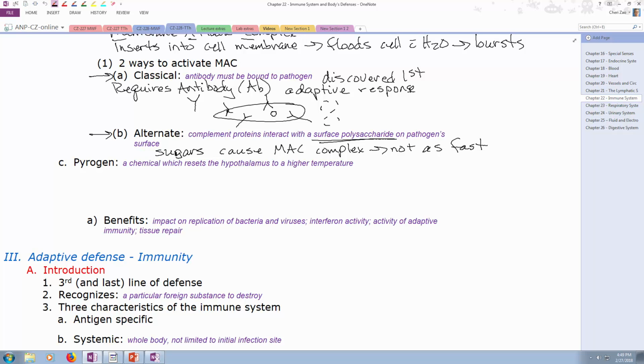This is an important process because various bacteria as well as viruses can release chemicals which will, unfortunately for them, cause a pyrogen effect. So various bacterial toxins can act as a pyrogen.